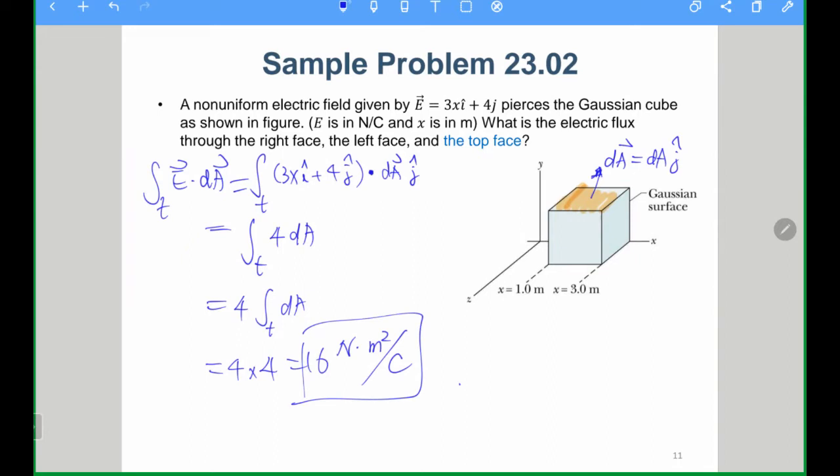We don't necessarily need to use some complicated way to do the integration. We just assume the E field is uniform over the whole surface, so that everything is like integrating a constant over the surface, and integrating a constant is like a simple product.